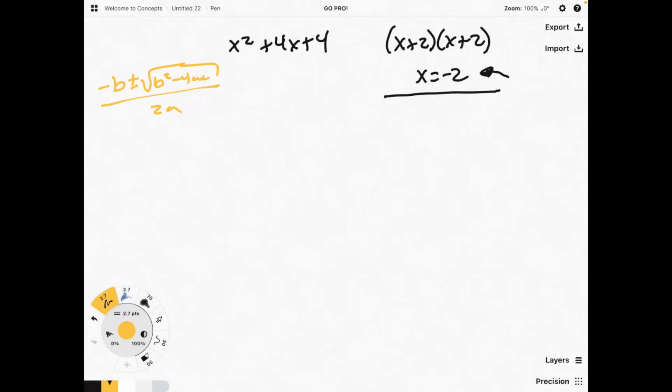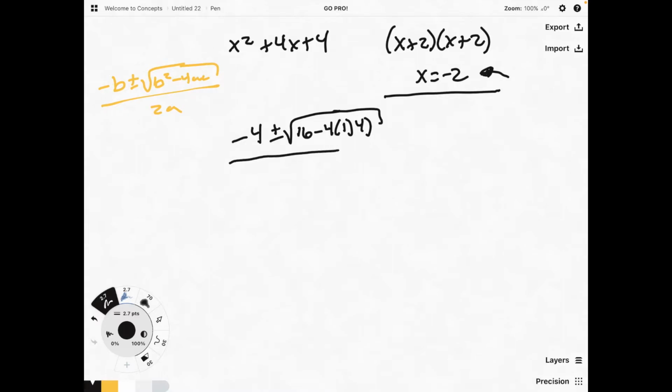If we plug in all the values for a, b, and c, we are going to get the opposite of 4 plus or minus 4 squared, which is 16, minus 4 times a, which is 1, multiplied by c, which is 4, all divided by 2a. In this case, a is 1, so it's 2 multiplied by 1.